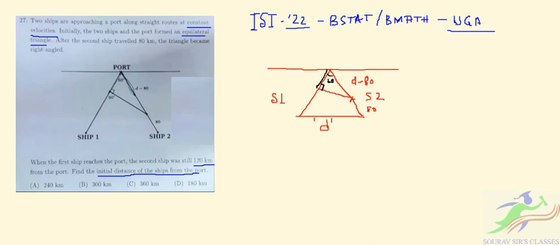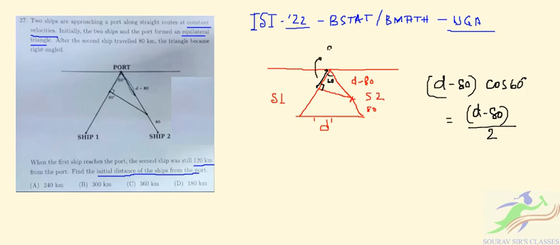So we can find the length of the base side. It should be (D minus 80) cos 60, which is nothing but (D minus 80) by 2. So this is the distance over here.